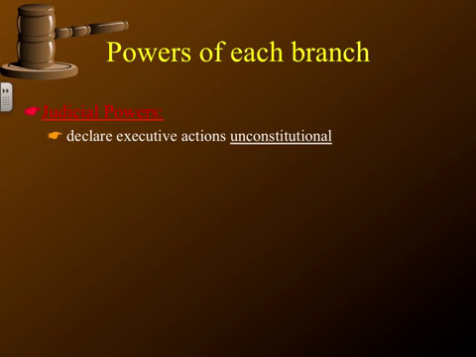The judicial branch can declare executive actions unconstitutional, and they can also declare laws unconstitutional. So if the president does something that goes against the Constitution, like declaring war, or if Congress makes a law that goes against the Constitution, both of those things would be declared unconstitutional and they would become void.